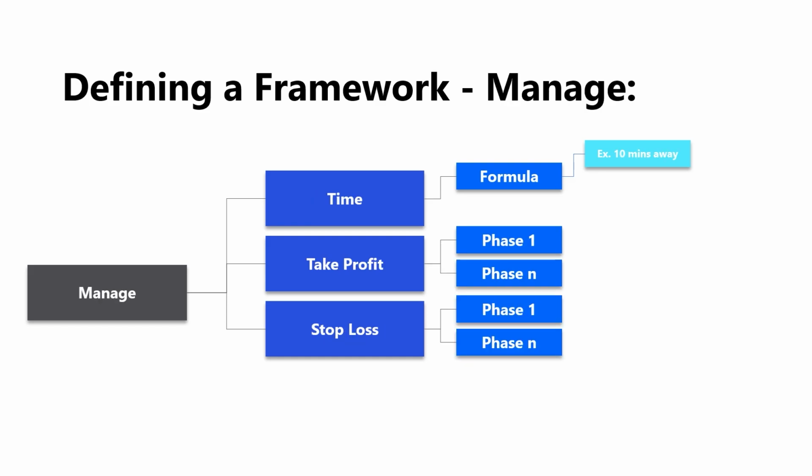Okay, managing, right? So this is that managing component. It can kind of get complex just, again, depending on how you're trading. You might have a take profit like we talked about. We might have a stop loss. And those particular phases could actually span multiple phases, right? So your profit could actually be phase one, get to this point.